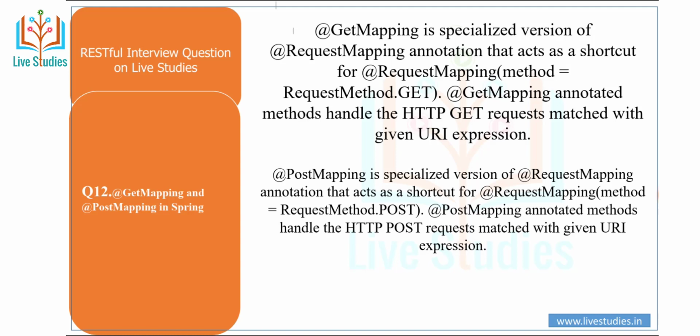In an example, @GetMapping is used with the home path, public String home, taking a Model, and then returns home.